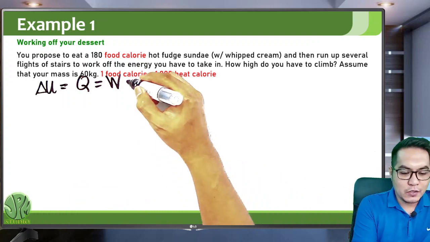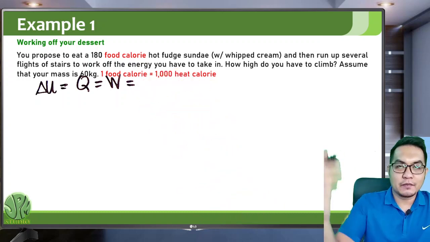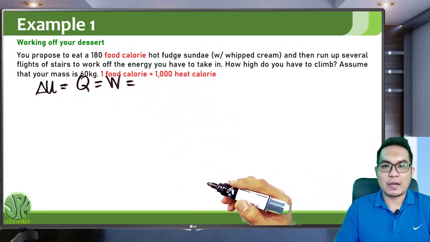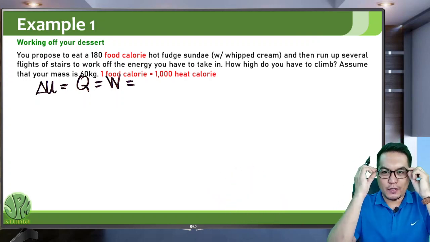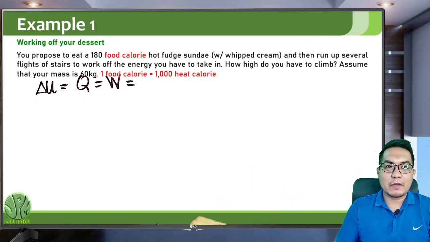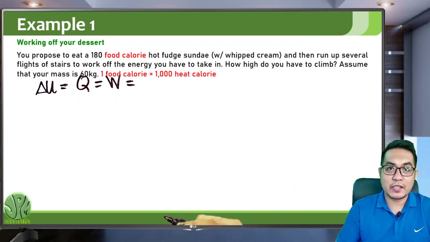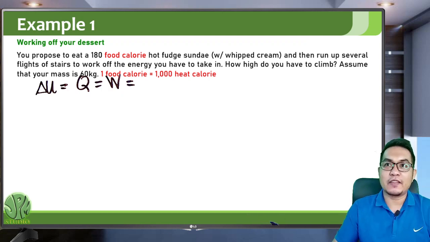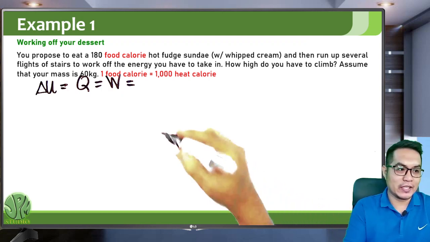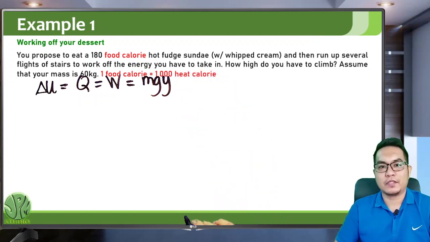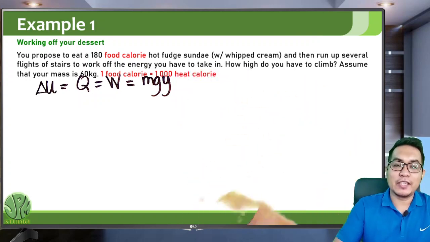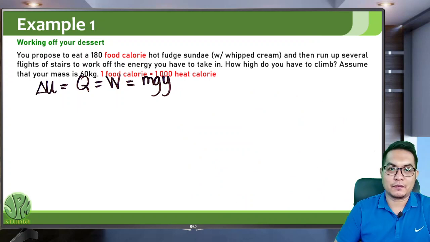The work that you must do is by climbing a height, by climbing several flights of steps. The work done by gravity here is just the change in potential energy. In this case, the work that you do is just the negative work done by gravity, which is just mgy or mgh. So y is the height of the stairs that you have to climb.